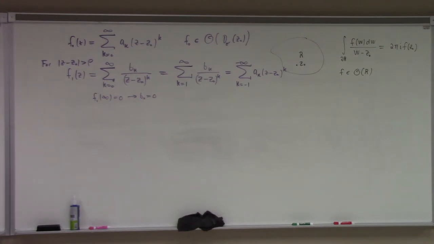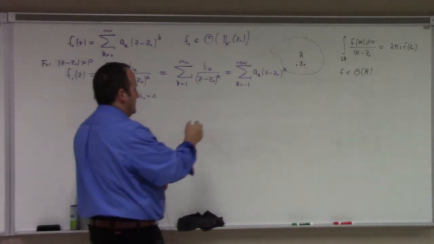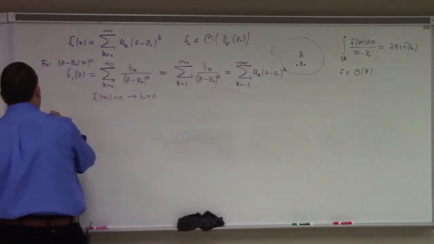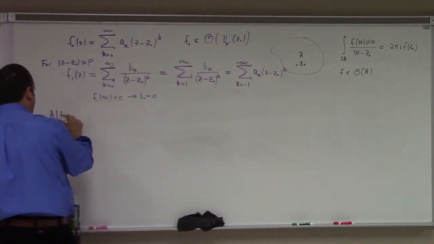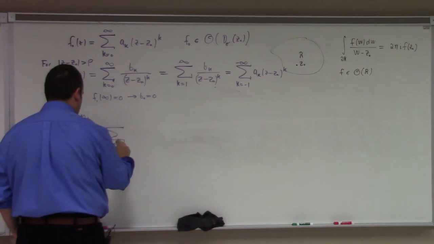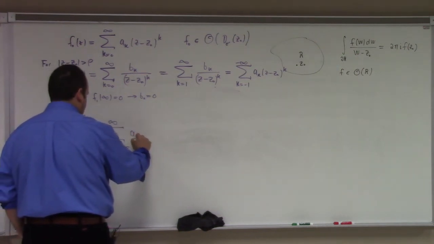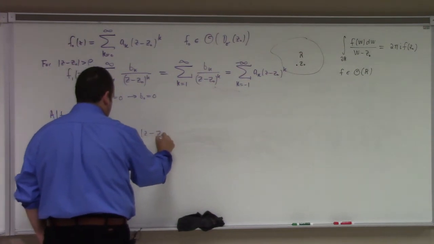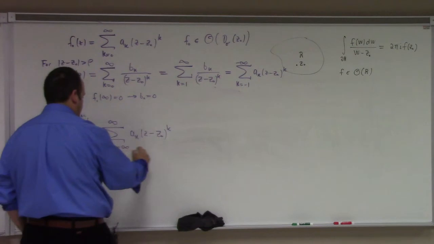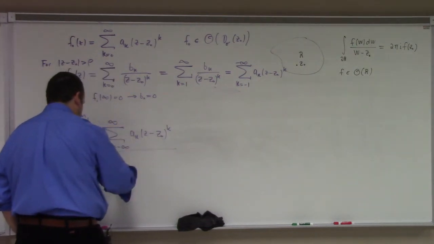So why not? Well, anyway, so altogether, what do we got? We have that f of z is the sum k equals minus infinity to infinity of a sub k times z minus z naught to the k. And this sort of thing is called a Laurent series.